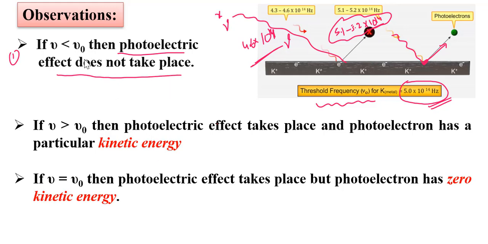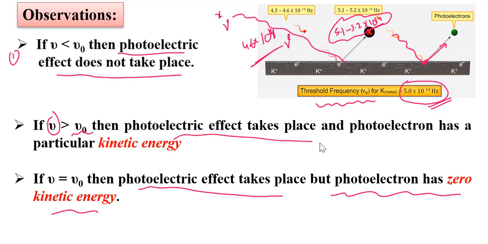Minimum nu naught is needed. If nu equals nu naught, then the photoelectric effect takes place, but the photoelectron has zero kinetic energy, it is just ejected. Suppose nu is higher than nu naught, then the photoelectric effect takes place and the photoelectron has a particular kinetic energy.